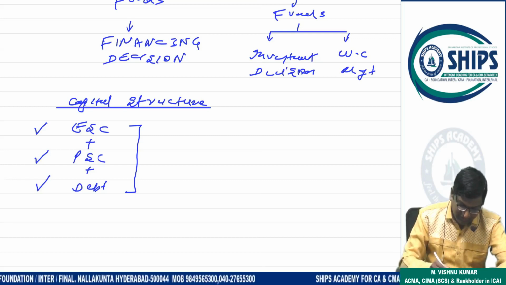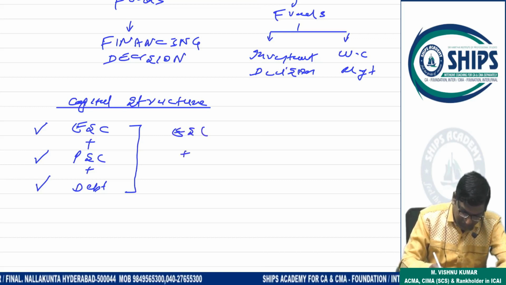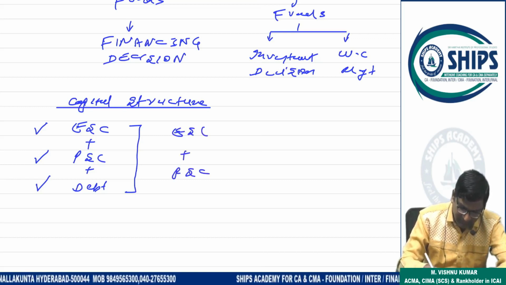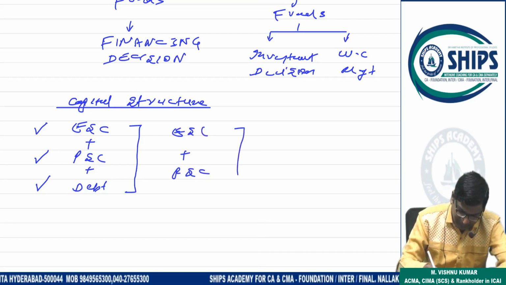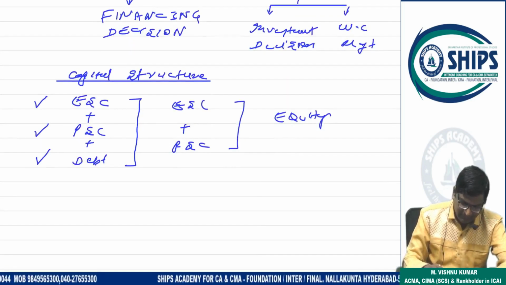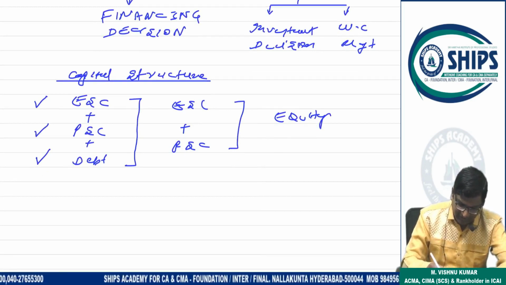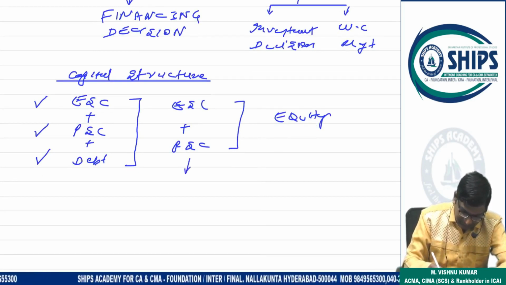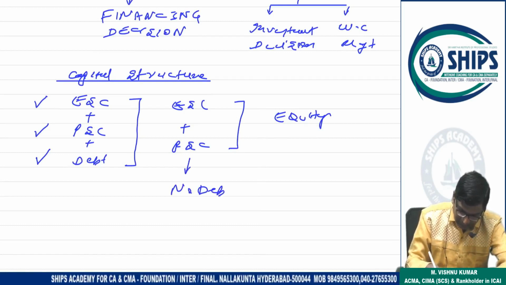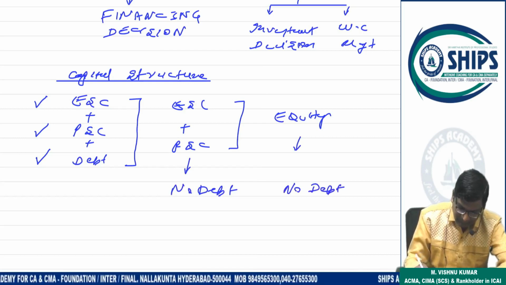In capital structure, sometimes only equity is possible, or equity and preference shares. Suppose in this structure there is debt. In this structure, no debt. In this structure also, no debt. Right?